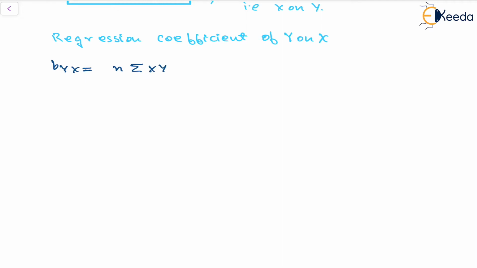Similarly, we'll find the regression coefficient of y on x, and this will be given as byx equal to n times summation of xy minus product of summation x and summation y, divided by n times summation of x square minus square of the summation x.